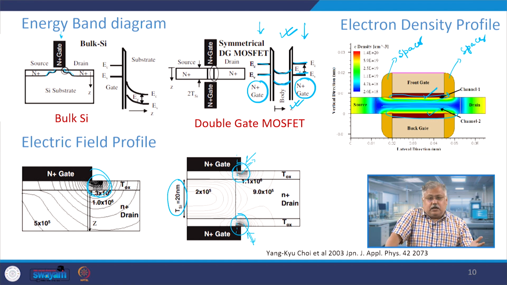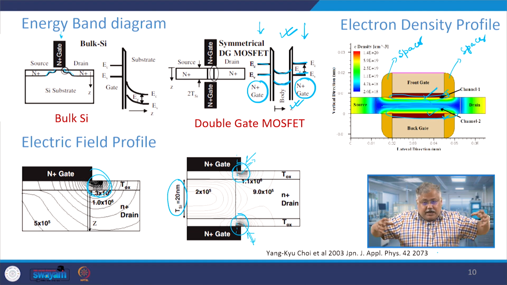This is basically an inverted MOS device which you see here. I am not discussing it here, but for a very large gate voltage, and when the dimension of this T silicon is very small, maybe even less than 5 nanometer or 4 nanometer, you will actually see volume inversion, which primarily means that rather than electron density being maximum at these two edges, it is maximum at the center, right.